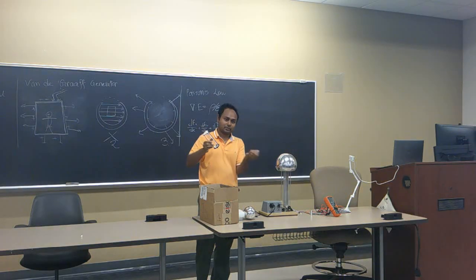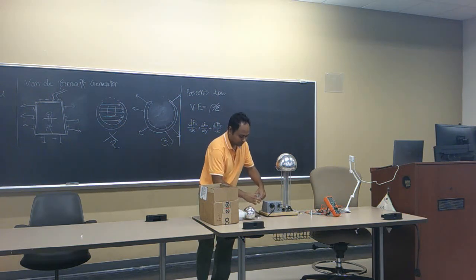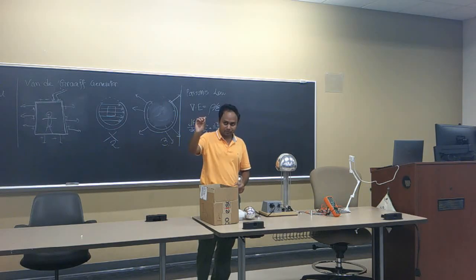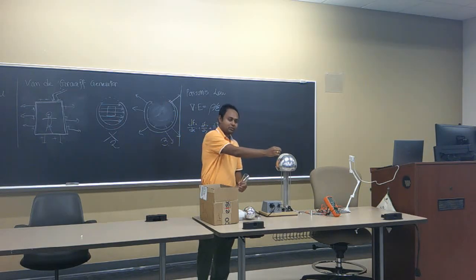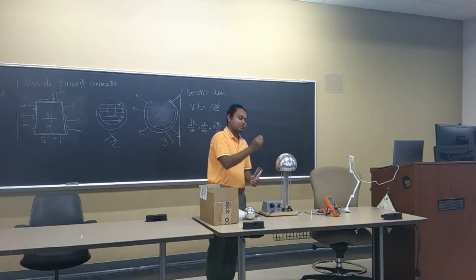If I bring them closer, what would happen? Let's say I bring them closer. Initially it is neutral. If I bring them closer, what do you expect to see? Discharge, right? And it will discharge, that means it is going to accumulate some charge, right?